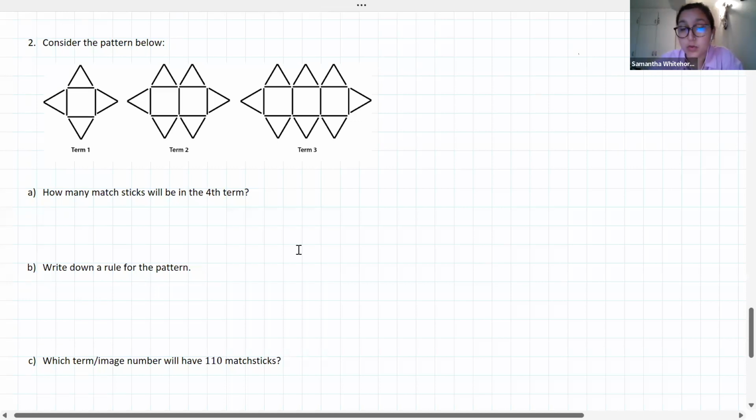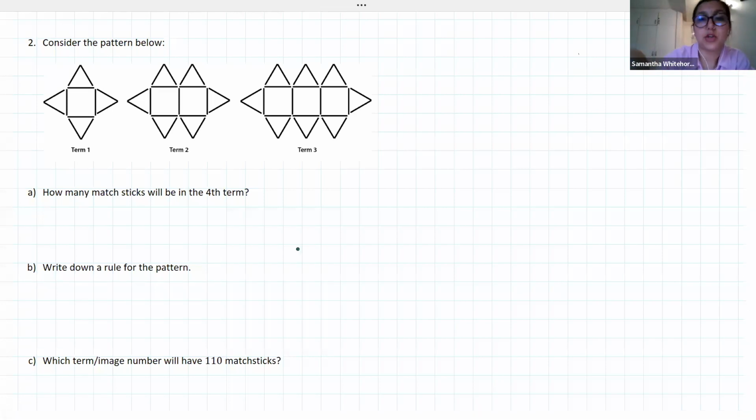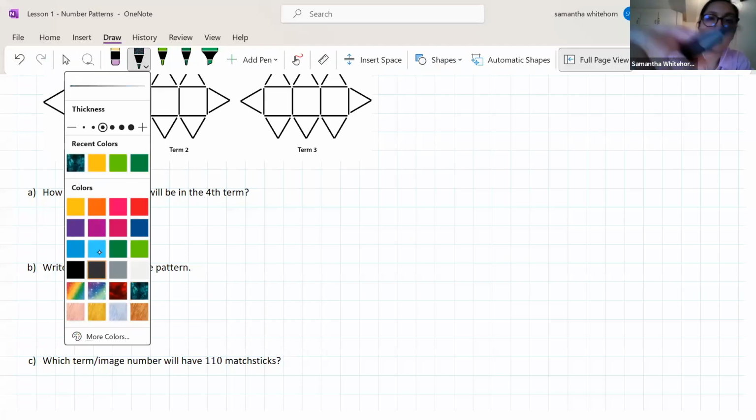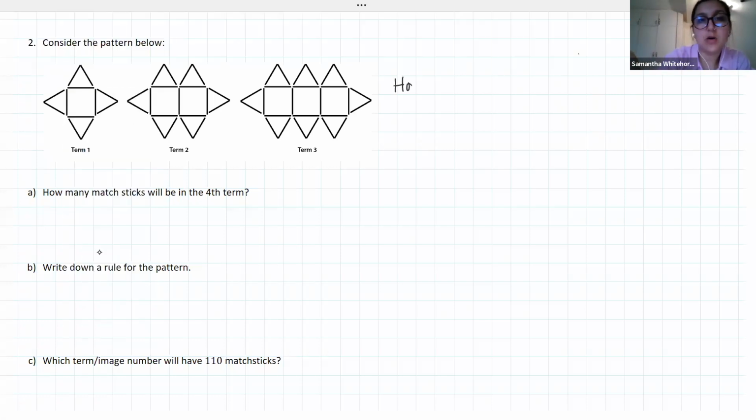I don't care about those questions right now. What I want you to tell me to start off with is how many matchsticks are in each picture.